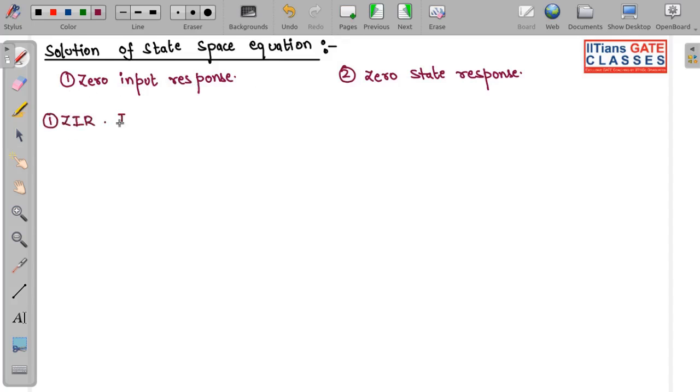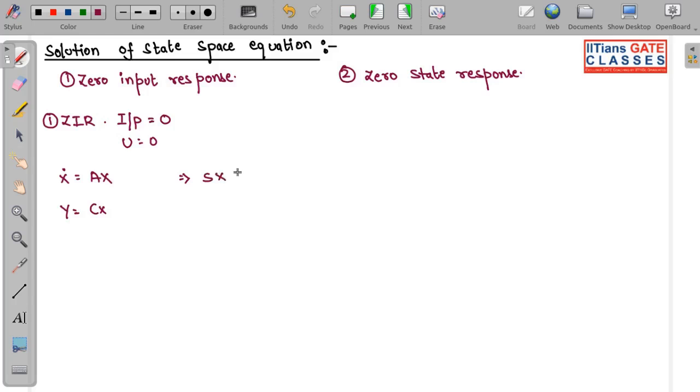In zero input response, the input is 0, or you can write u = 0. So our state equation will become x dot = Ax, since u is 0, so we are not writing Bu, and y = Cx, and Du will not exist. Now if we take the Laplace transform, remember over here input is 0, but initial states are not 0.